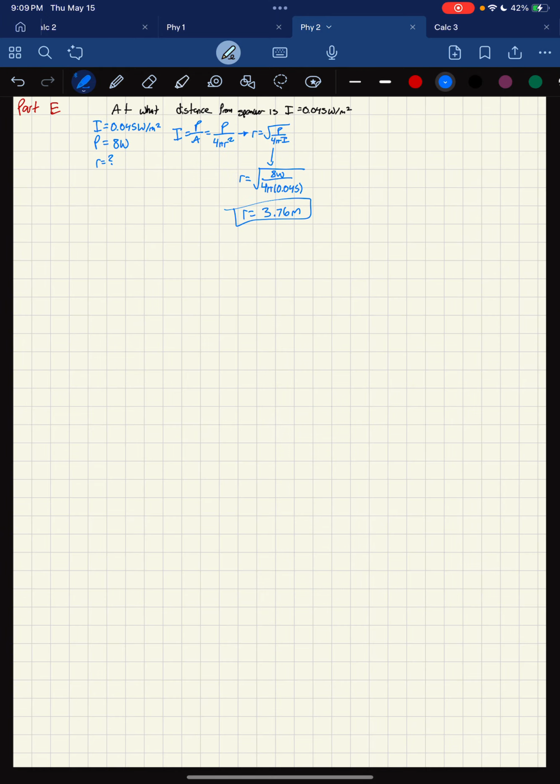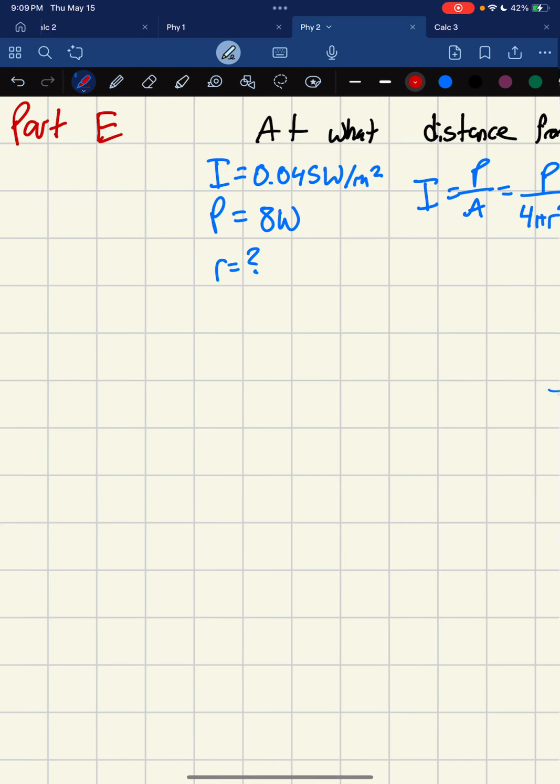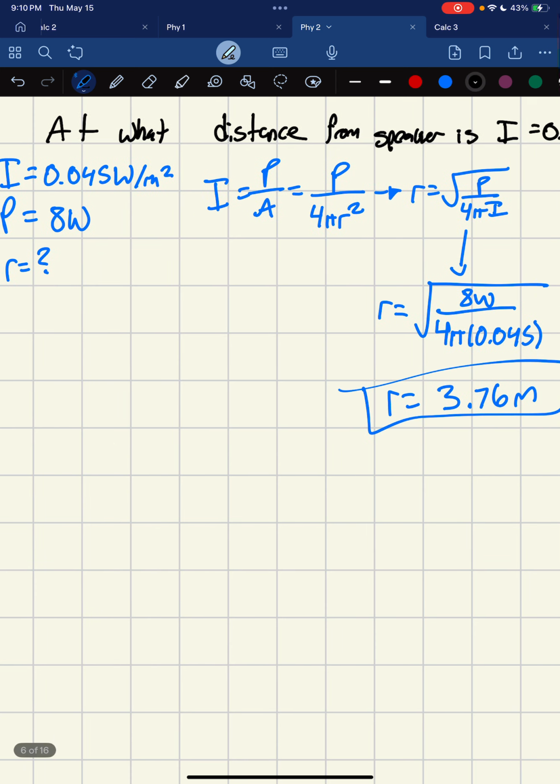Okay. Alright. A, B, C, D, E, F. Part F. So it says the ears of a frog are 2 circular membranes located behind the frog's eyes. In one species of frog, each membrane is 0.5 centimeters in radius.